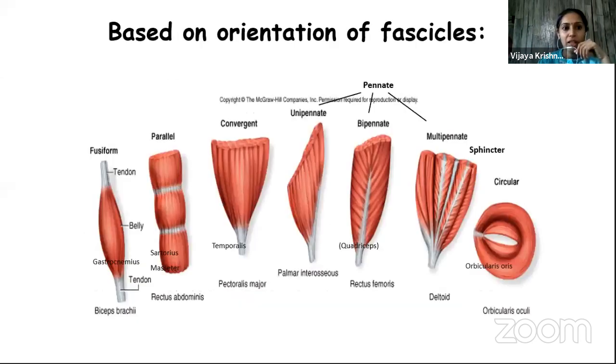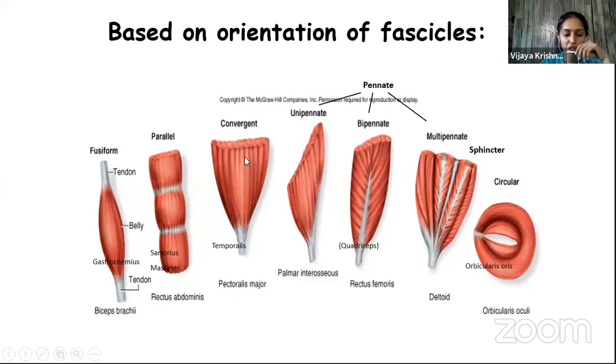The other one is based on the type of muscle fascicles. So you have so many fascicles, that is, the orientation differs. The first one is fusiform, where you have the tendon, the belly, and the tendon. The parallel form, where the fascicles are laid parallel to each other.